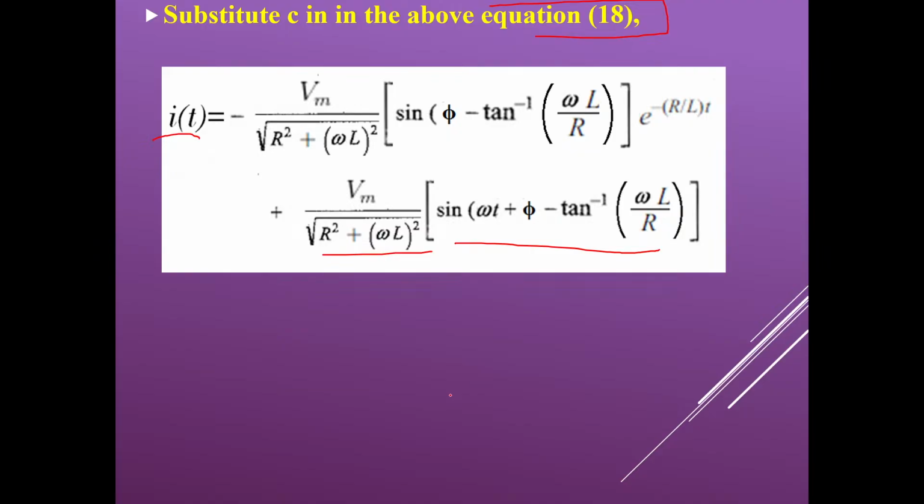So this is the solution for the RL circuit.